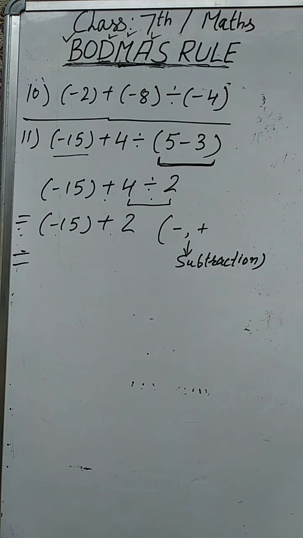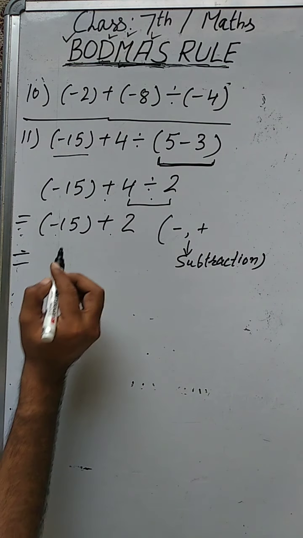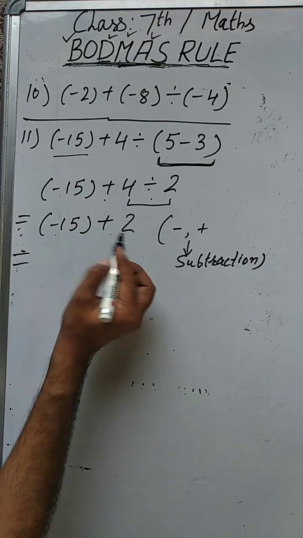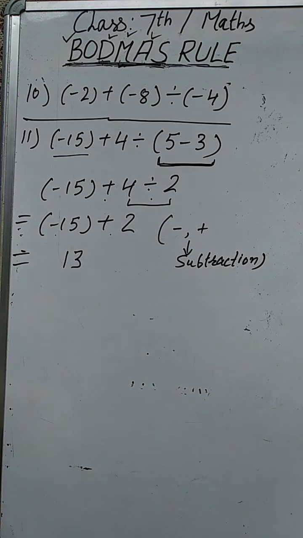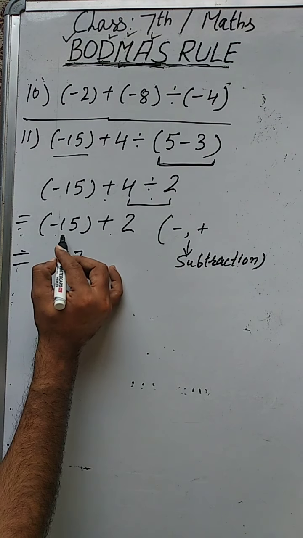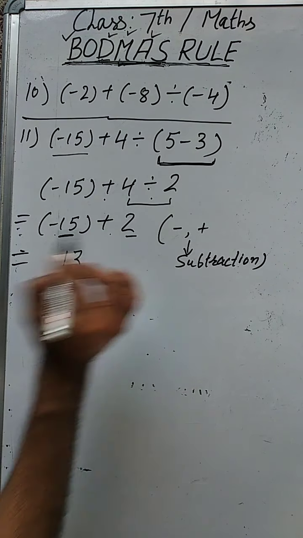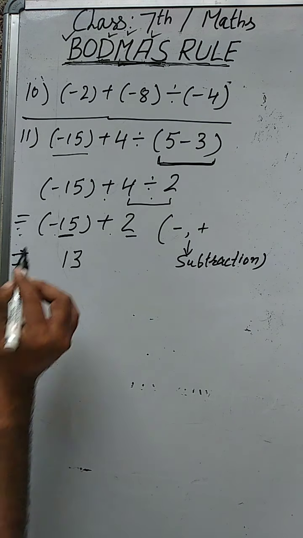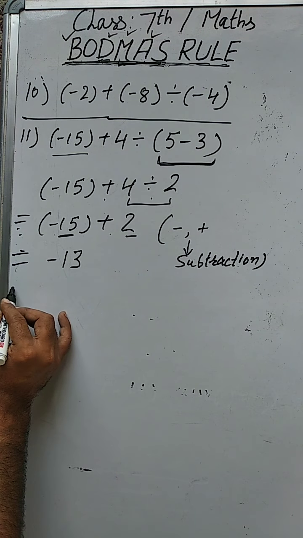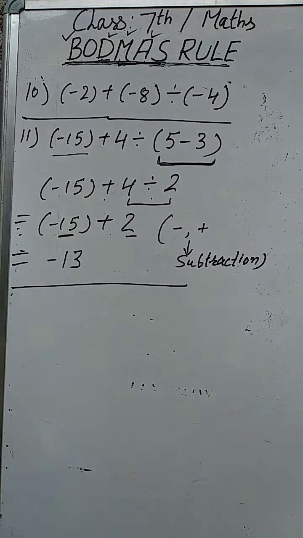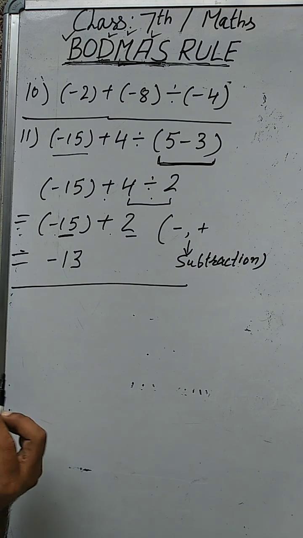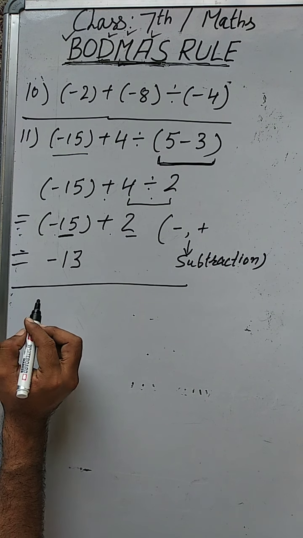If you haven't watched this lecture, then watch that video first, then carry on with BODMAS rule. Okay beta, so here we will subtract: 15 minus 2 is equal to 13. Now 15 is greater than 2, so the sign of 15 will come here. Here it will be minus 13. Okay beta, it is your question 11th.